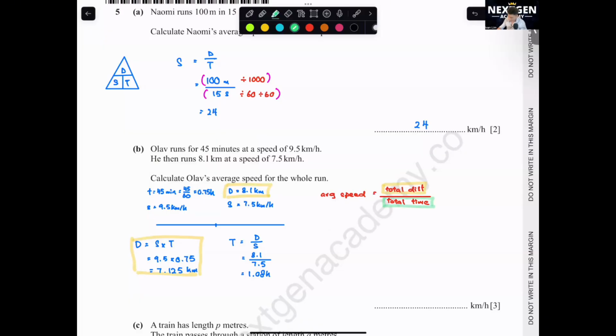Then time will be 0.75 and 1.08. We put into the formula and add it up. So total distance will be 7.125 plus 8.1 over 0.75 plus 1.08. Calculate this whole thing. Okay, this will be 8.32 kilometers per hour.